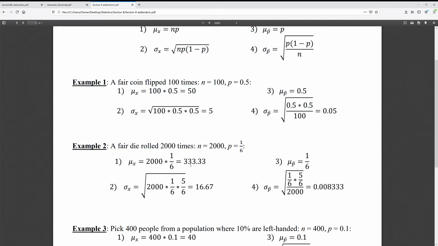So n times p. 2,000 times a sixth, 333 and a third. 333.3 repeating, of course. I'll round to whatever I feel like here. But, 333.3 repeating, basically. Call it 333 just for verbal purposes. Well, first of all, notice that it's, we talked about this, expected value. It's not expected and it's not a value.